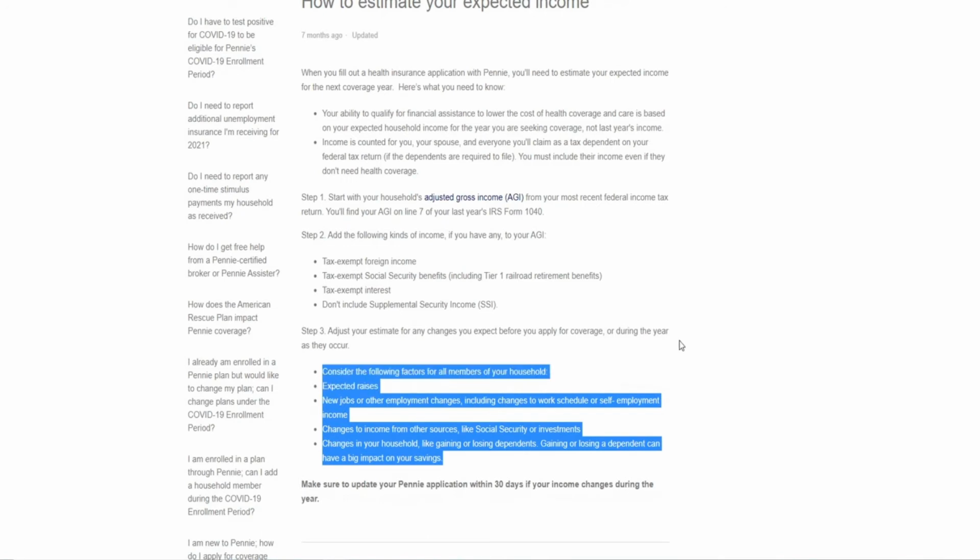Adjust your estimate for any changes that you expect. And this is where things get complex, especially for brokers, assisters, and customers who are self-serving. This is where it gets very, very complicated for some folks, because again, this is an estimate. Not everyone in the world is comfortable with estimating.